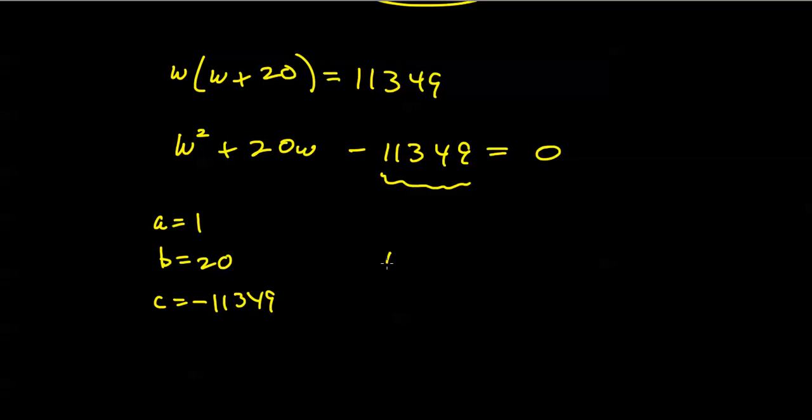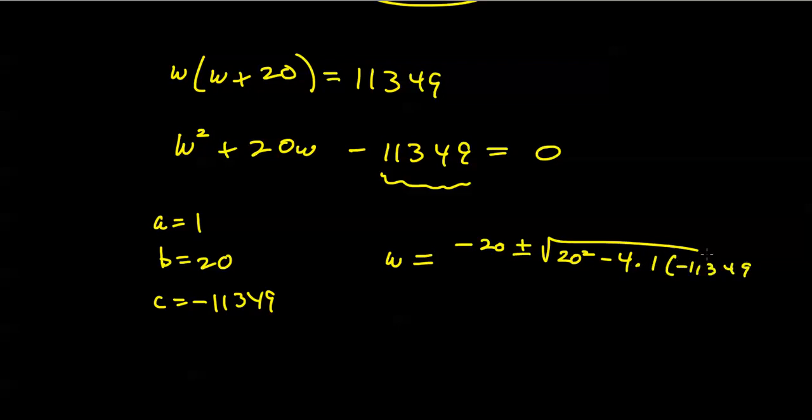So I'll make my substitutions. w equals minus b plus or minus the square root of b squared minus 4 times a times c, all divided by 2a.